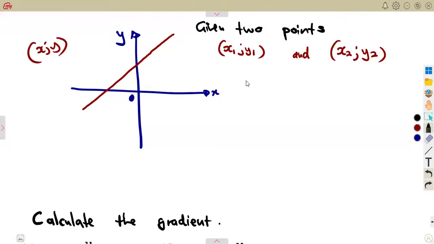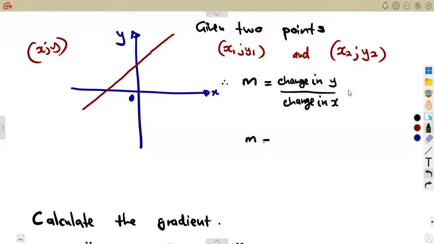It follows that our gradient m being the change that is going to happen in y over the change in x. So it's simply the change in y over the change that is going to happen in x. So the change in y can be an increase, a decrease. The change in x can be an increase, a decrease. So we can just use this as a formula.